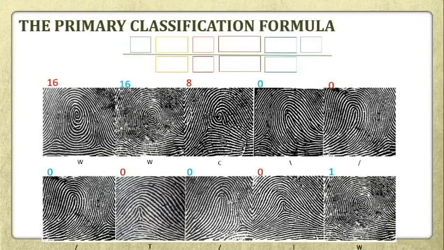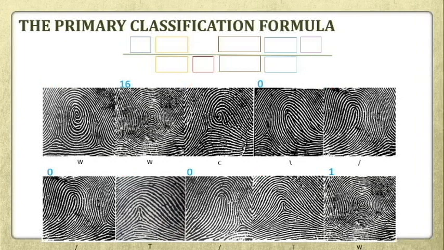They are plain whorls. However, finger number 2 is given a numerical value of 16 because it is located at finger number 2. Although finger number 10 is also a plain whorl, it was given 1 as its numerical value because it is located at finger number 10.